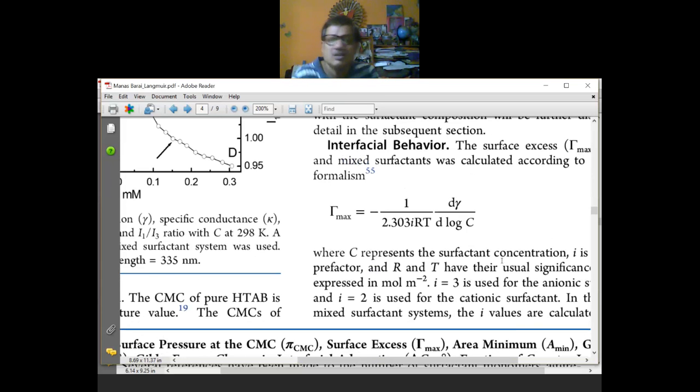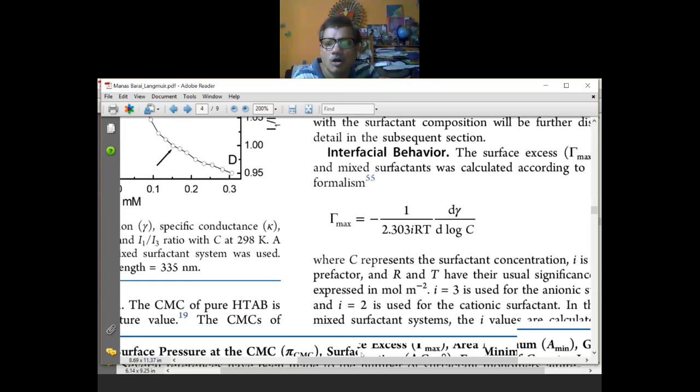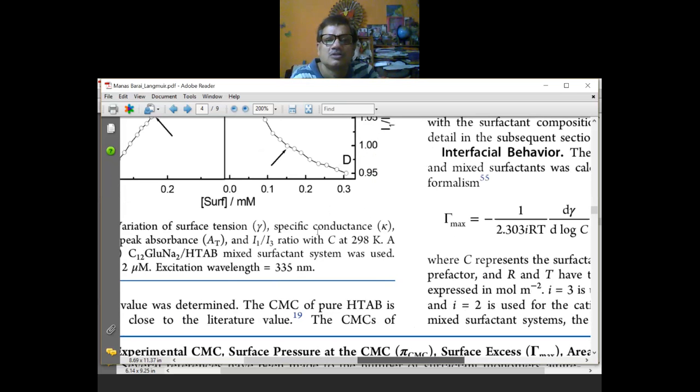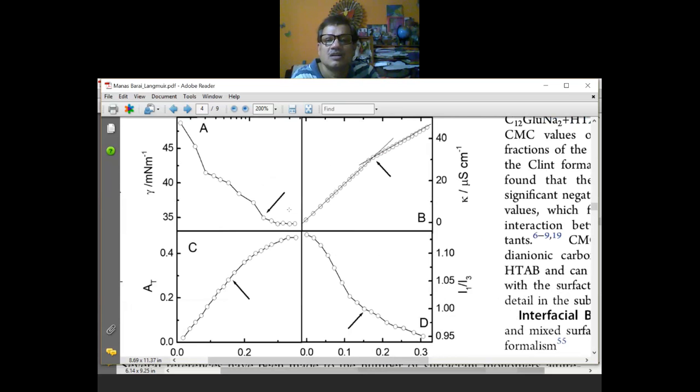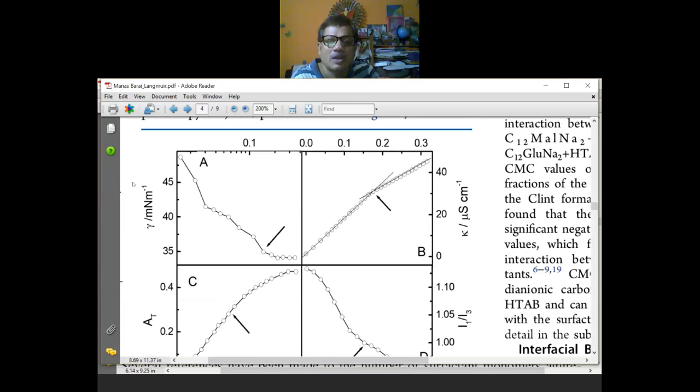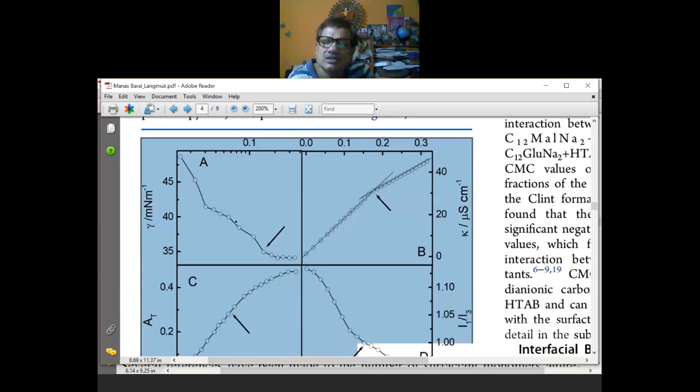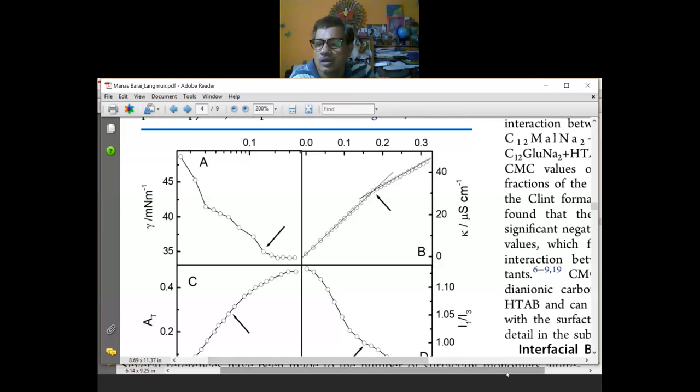You see here in the plot of gamma, it is in the log scale. So make a plot of gamma versus log C. And near the CMC value, you measure the slope. And that slope will give you the value.